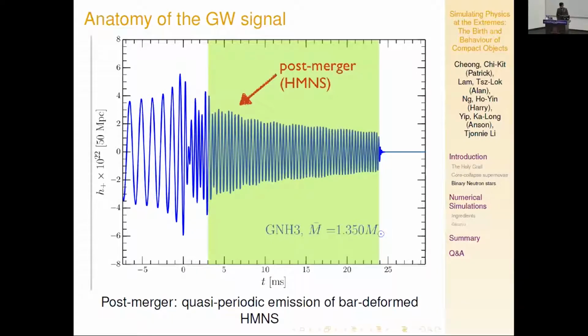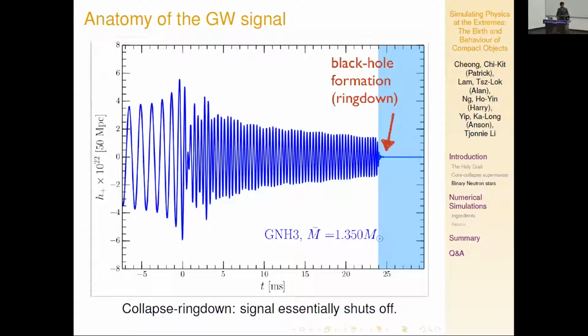And then also the post-merger stage is a quasi-equilibrium state of HMNS, which stands for hypermassive neutron star. So again, many nonlinear effects come out during this stage. And then finally, it might form a black hole, so it goes ringdown, and the signal shuts off.